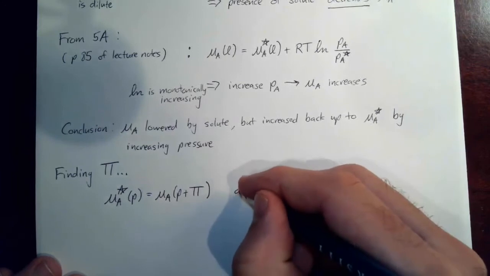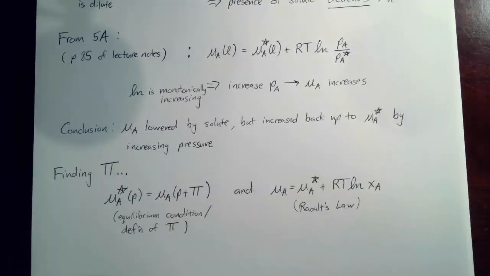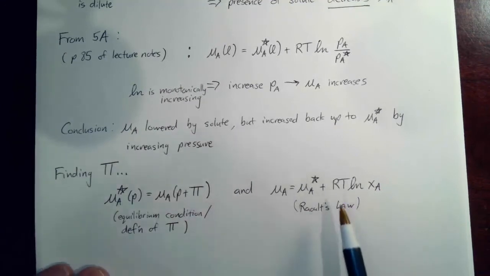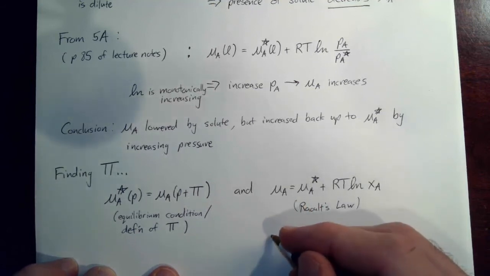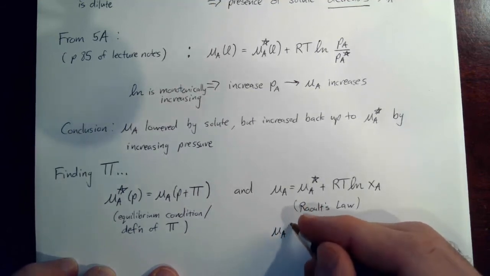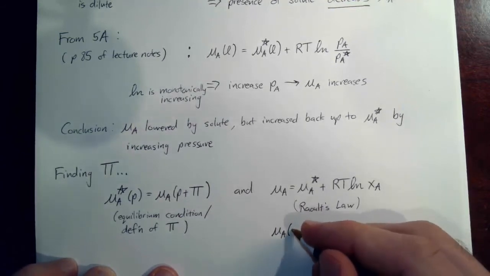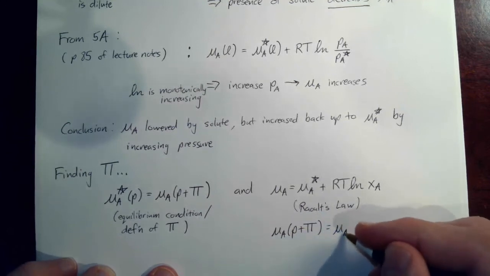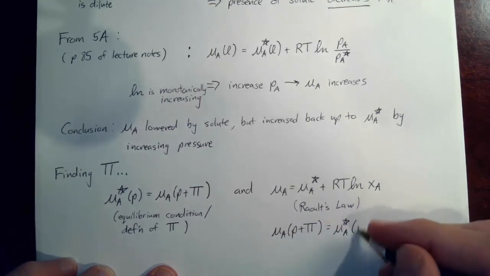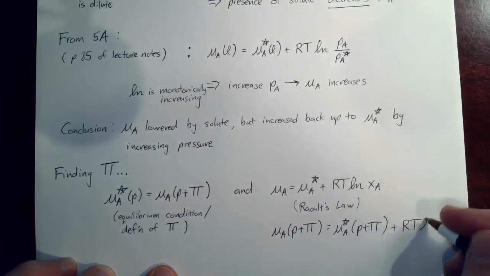So we're going to take that formula and Raoult's law. These are our two equations. And just to be clear, let me include the pressure over here in Raoult's law. So we're talking about μA at a pressure P plus π is equal to μA star at pressure P plus π plus this RT ln xA term.